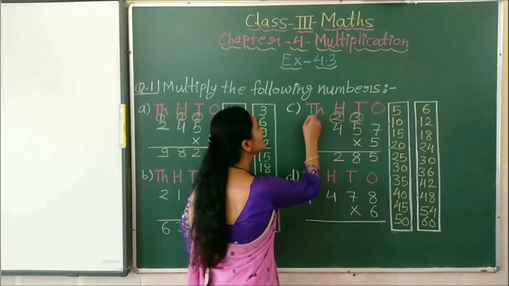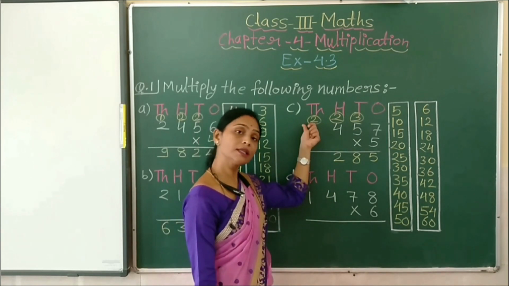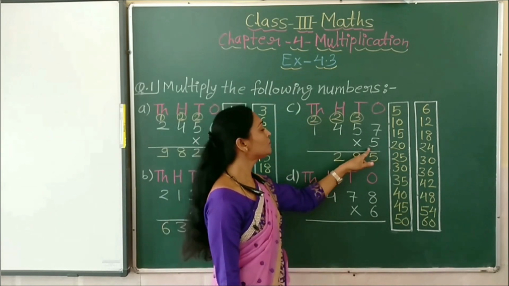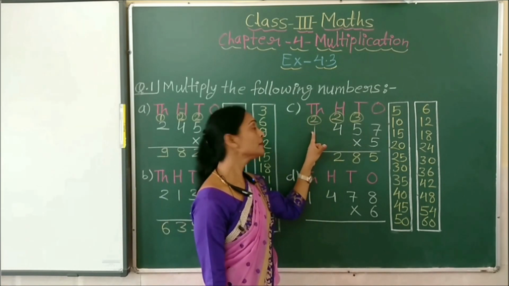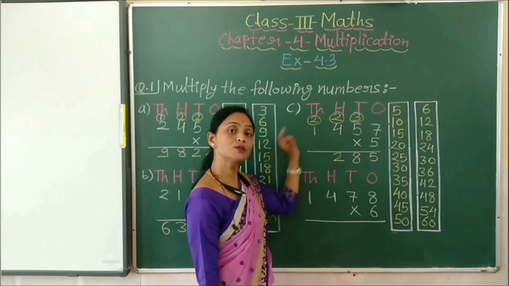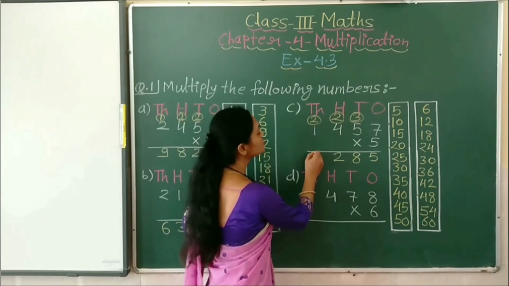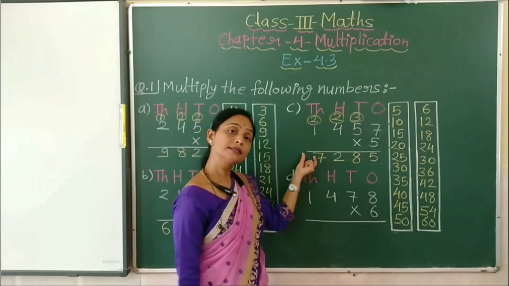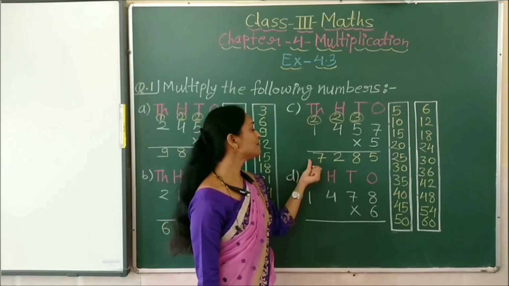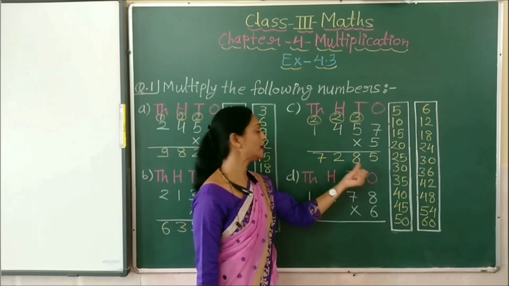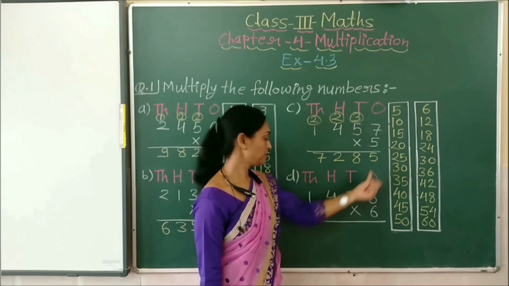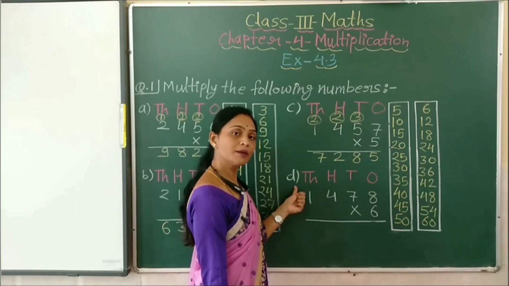Be written in carry over on thousands place. Now 5 ones are 5 and then we have to add this 2. So 5 plus 2 how much? It is 7. So we got this number 7285. Yes. Now let's see this question number 4.